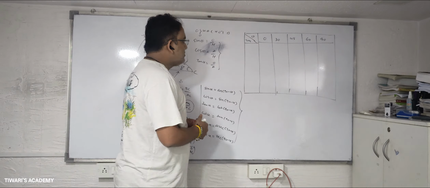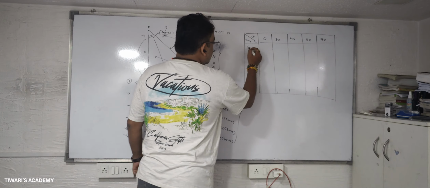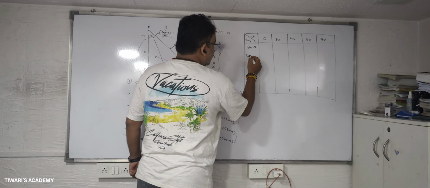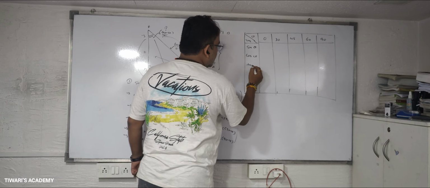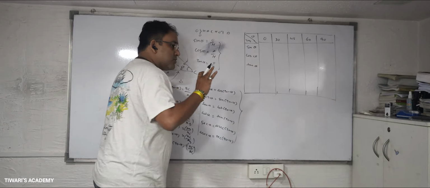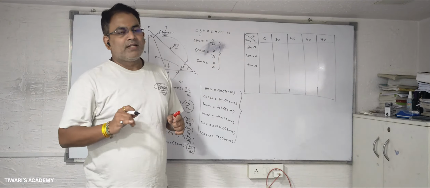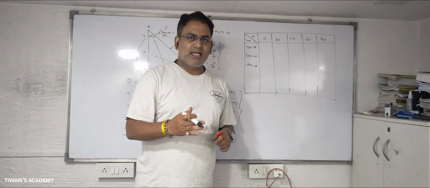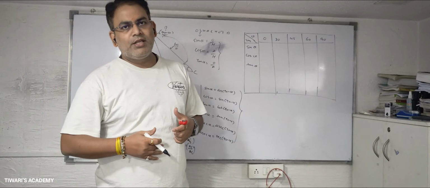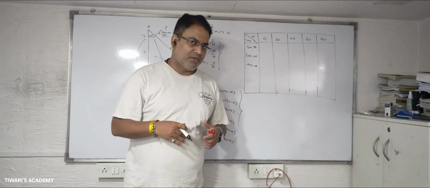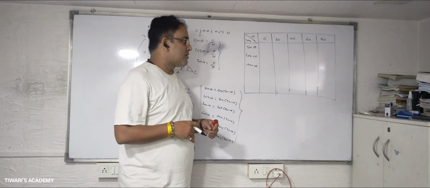First I will take sine theta, second cos theta, third tan theta. Right now I am sticking to these three, because once you understand sine, cos, tan, automatically you will be able to find the remaining three. So first sine 0.